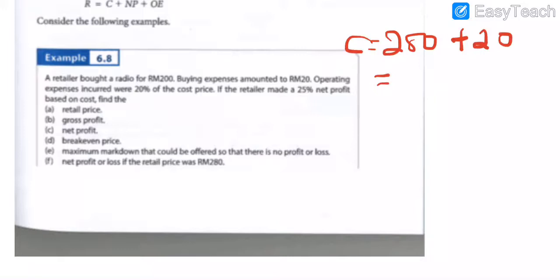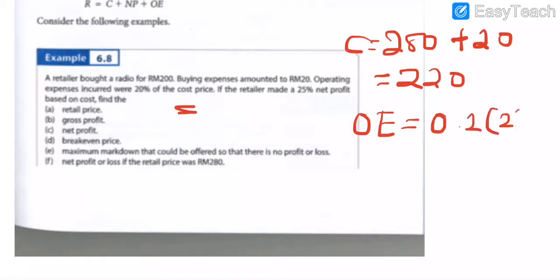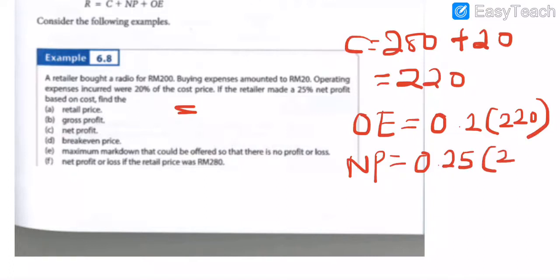Jadi berapa cost dia? 25 ringgit. So the same thing as here, the actual cost is 220. Okay, then the operating expenses here is 20% based on the cost price, which is 0.2 based on the cost. Okay, if the retailer wants to make 25% based on cost, so net profit adalah 25% based on cost. Okay, find the retail price.